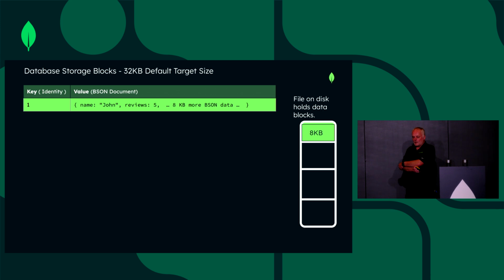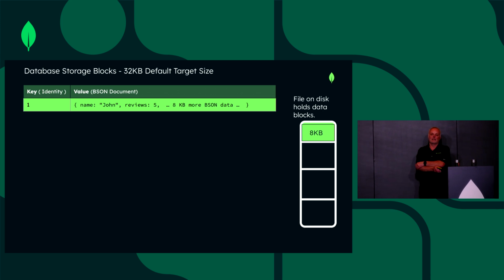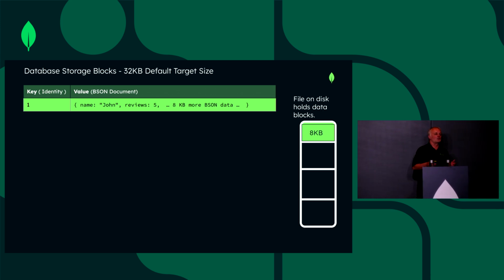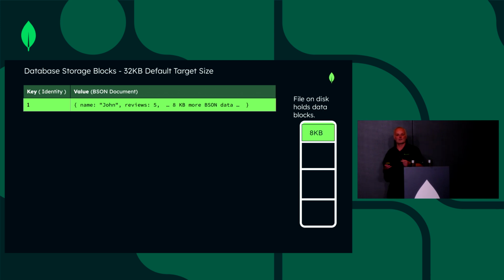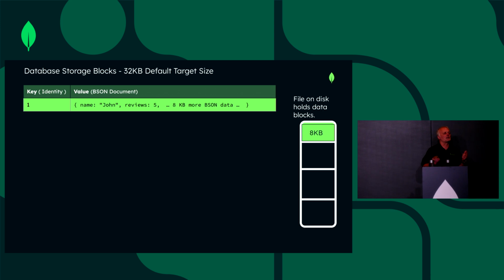So when we store data on disk, we try and store 32 kilobyte blocks of data on disk. So that's before compression. So if you had a 32 kilobyte document, we would store that as a single block on disk.